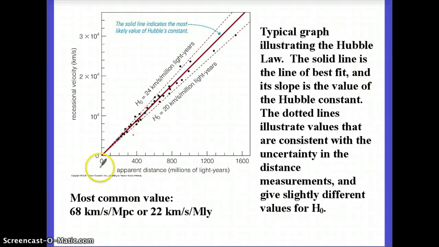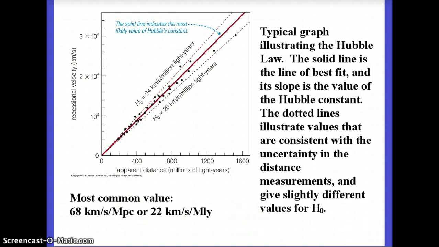Now, you can make a line of best fit, and we would usually say that the slope of that is the Hubble constant. In this example graph, they use light years instead of parsecs, and so the value that you come up with is 22 kilometers per second per million light years. If you convert that to parsecs, you get 68 kilometers per second per megaparsec.